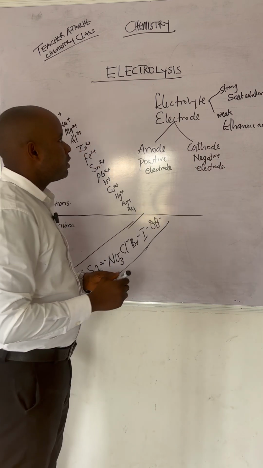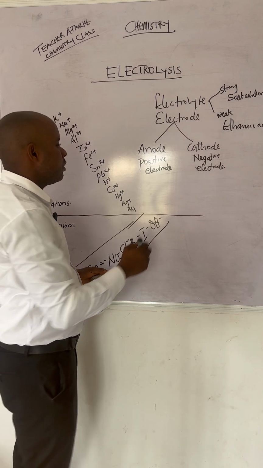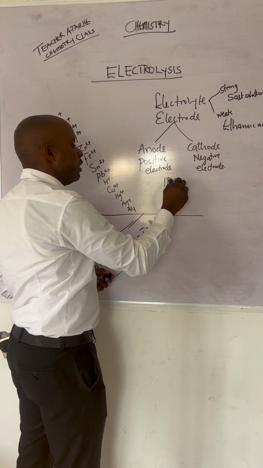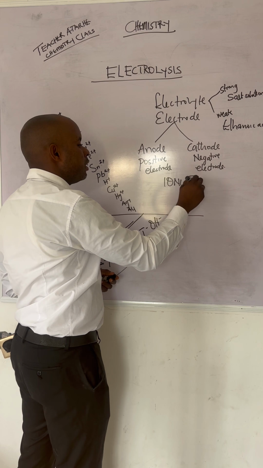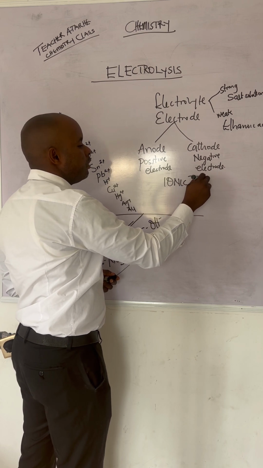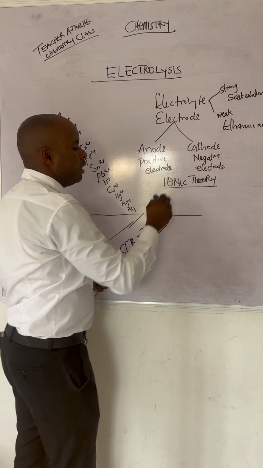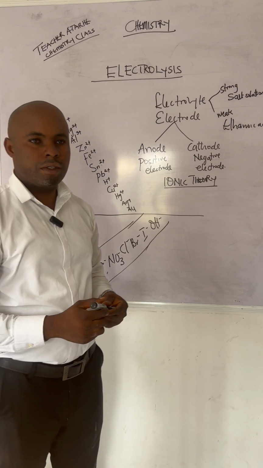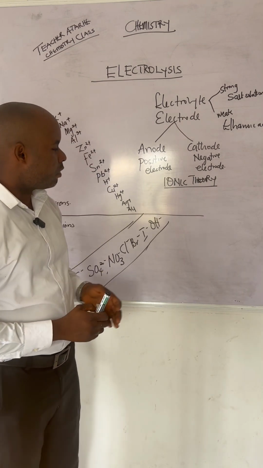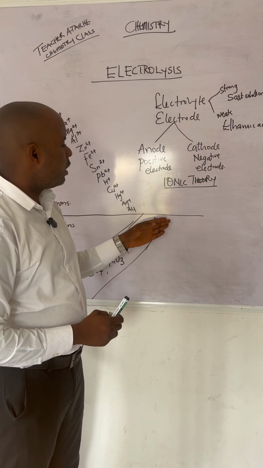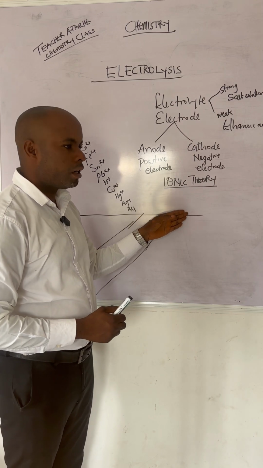Moving on, throughout this topic we're going to talk about what is known as ionic theory. A scientist known as Arrhenius gave us an idea of what happens when an electrolyte is dissolved in water.